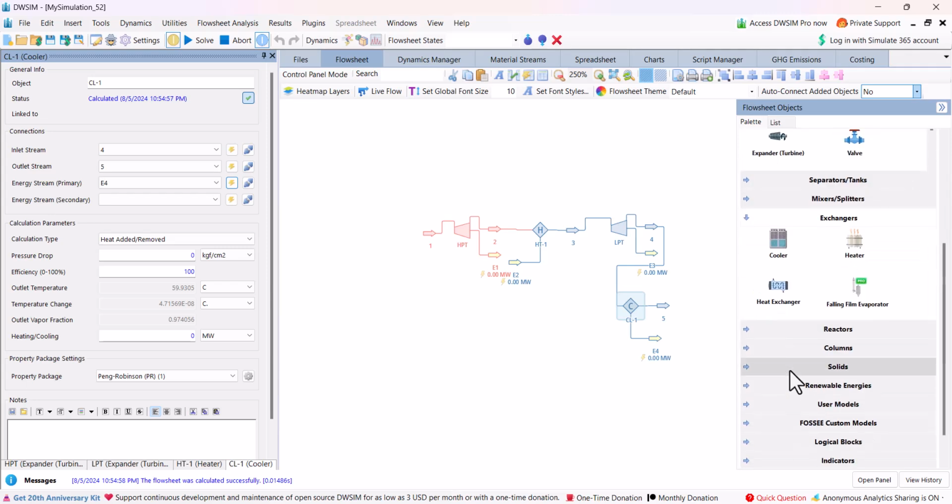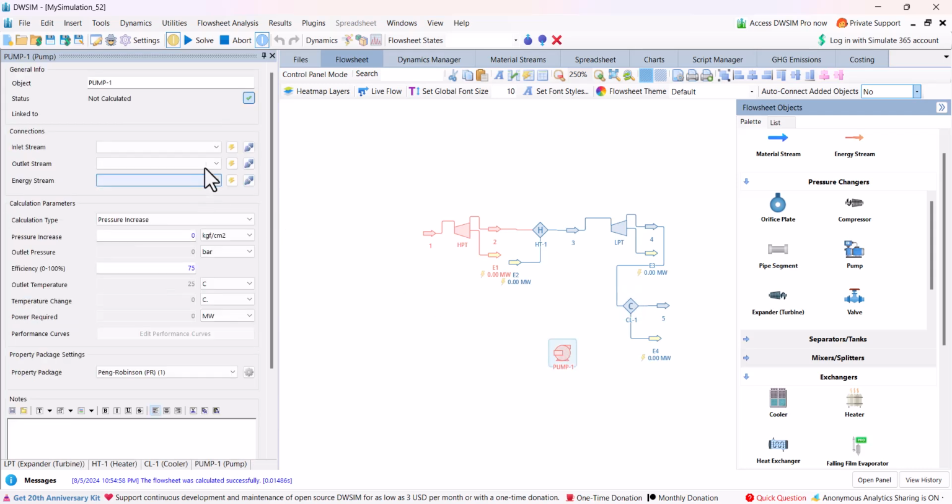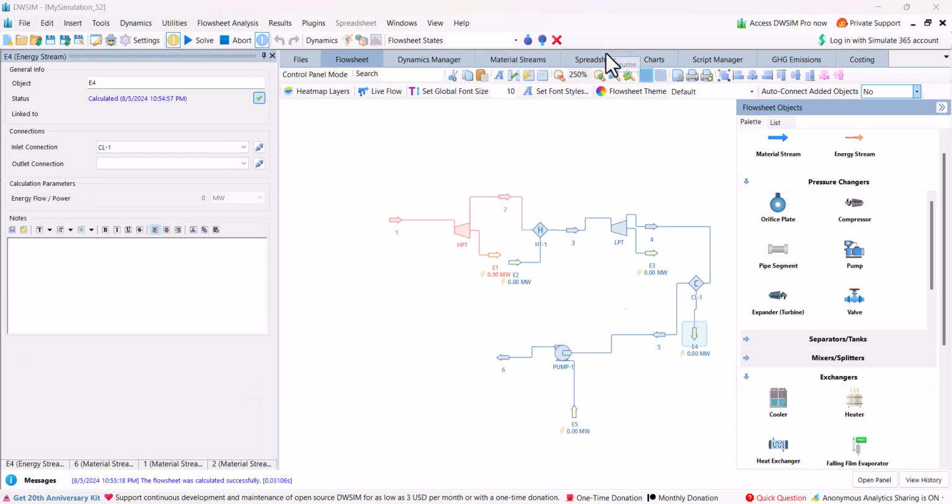And then we need a pump, again under pressure changers. The pump will take stream 5 as an inlet. The outlet we will create, and energy. So we can start the inputs.